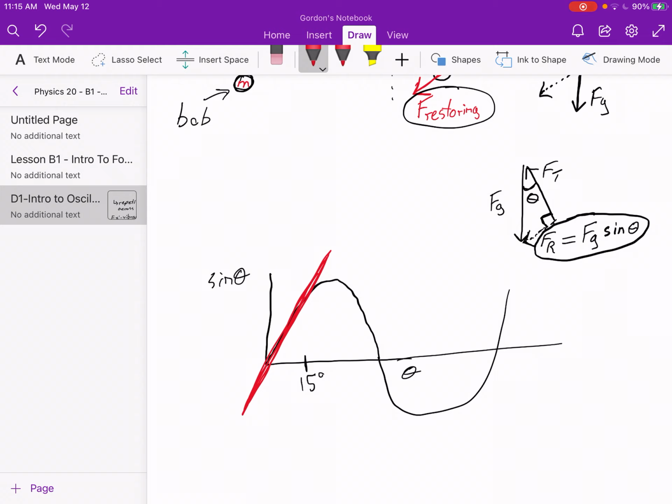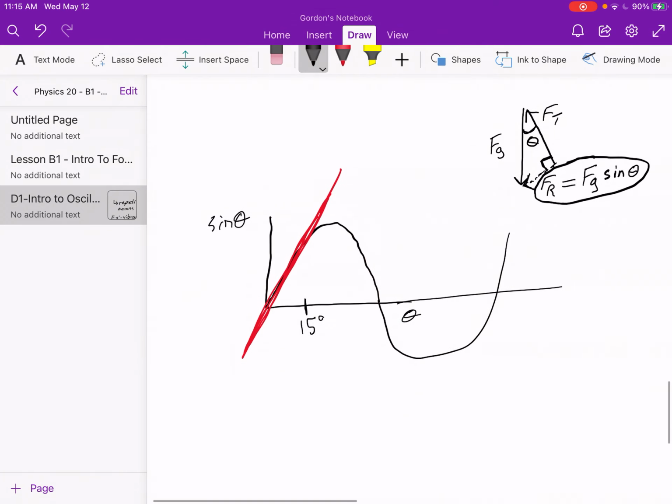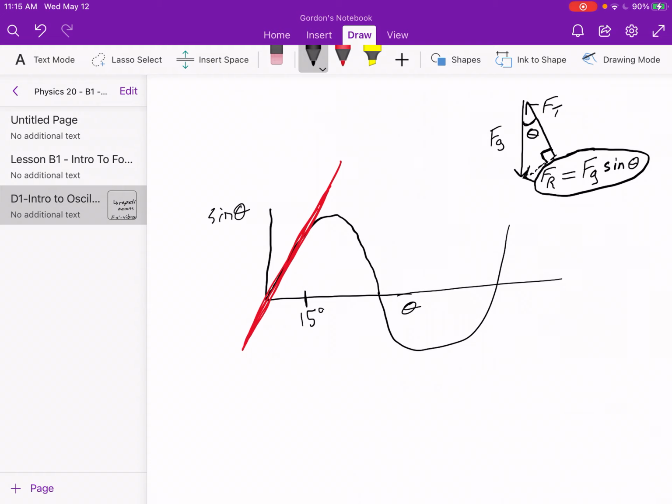Once we get into angles that are bigger than 15 degrees, well, then you can see that it sort of comes off of this line. So you don't have to really know too much about why it works. Just remember that this only works for small amplitudes. And we call this the small angle approximation, that sine of an angle is sort of a straight line for small angles.